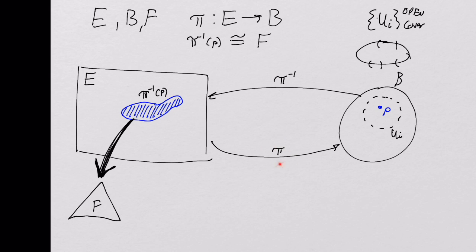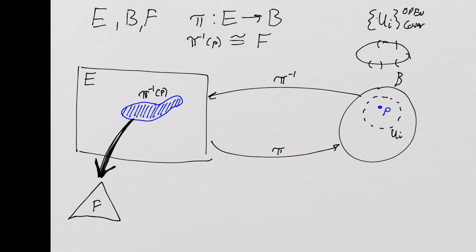Because remember, the definition of continuity for a map is that the preimages of open sets under that mapping must be open in the domain. So the preimages of the open sets of the range must be open in the domain in order for the mapping to be continuous.